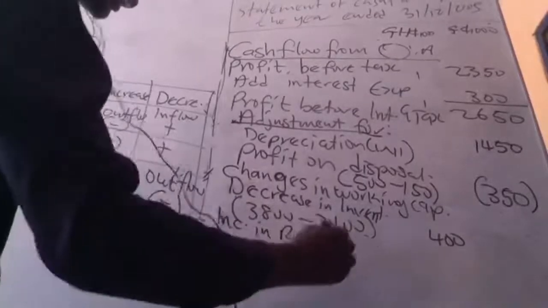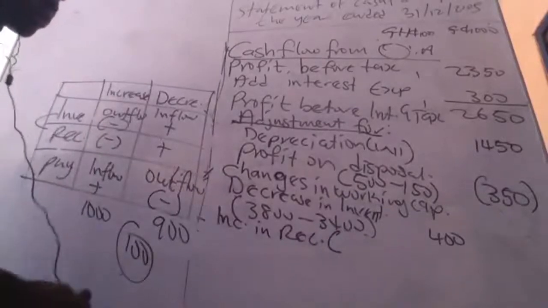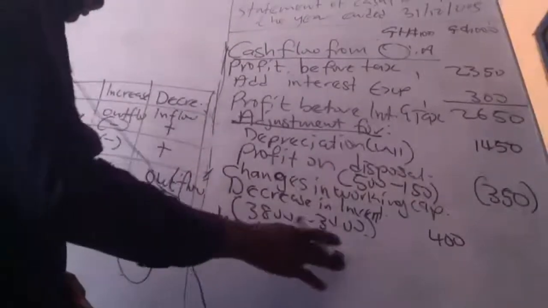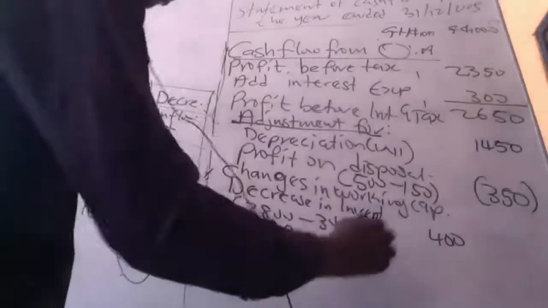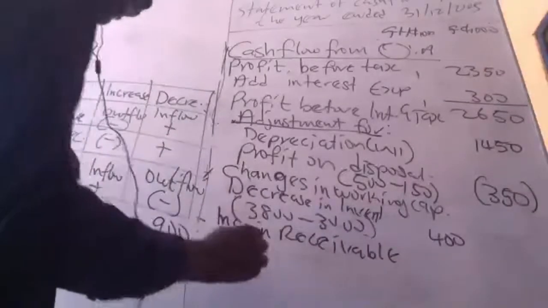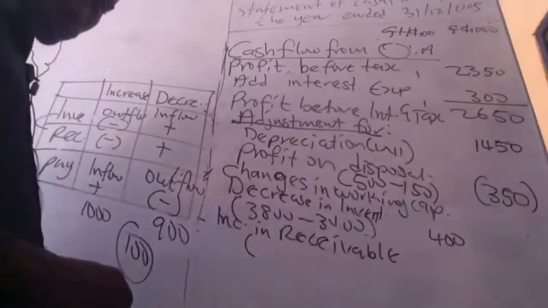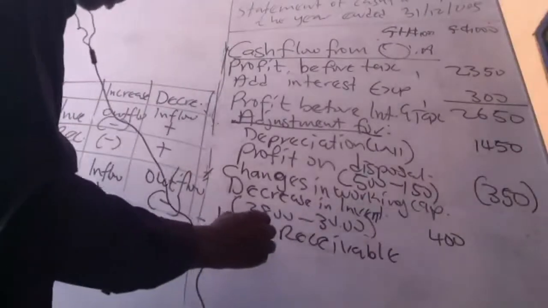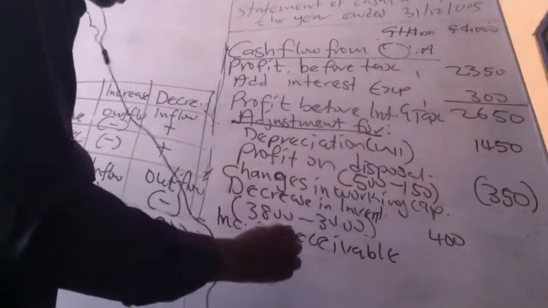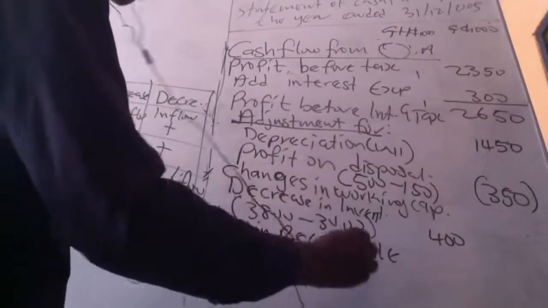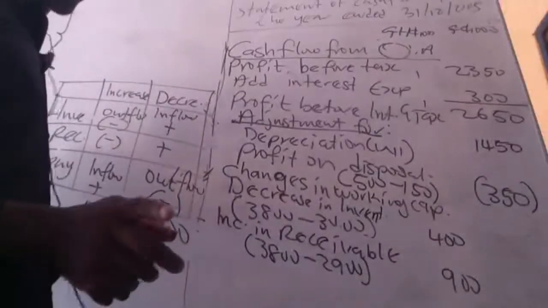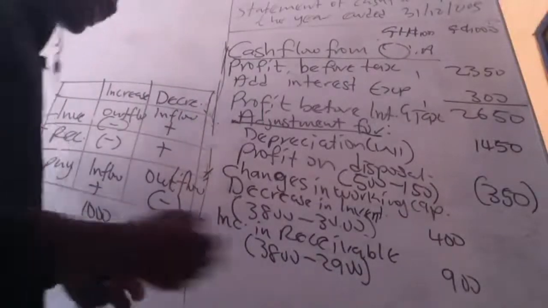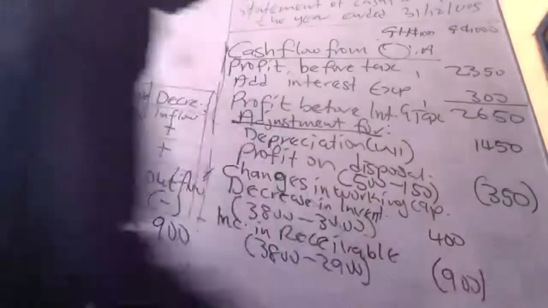Then I'll do the workings in brackets. It was 3,800 less 2,900, right? That'll give us 900. And increase in receivable means outflow. So we subtract, as Madam Lillian said. Good.